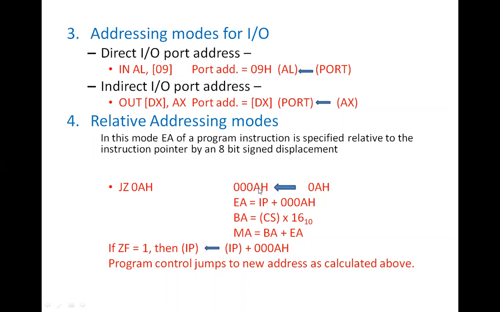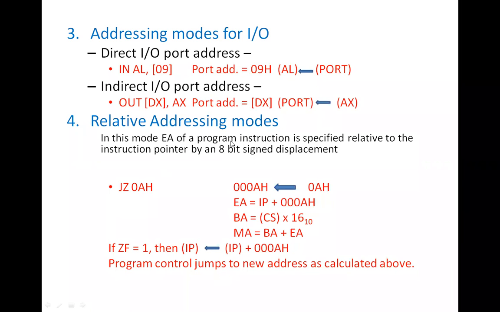First of all, 0A is converted into 000A, and then since it has to jump to a certain instruction which is written somewhere in the memory, you have to find out the address of that memory. Normally, whenever we fetch an instruction, the code segment register gives the base address and the instruction pointer register gives the effective address.